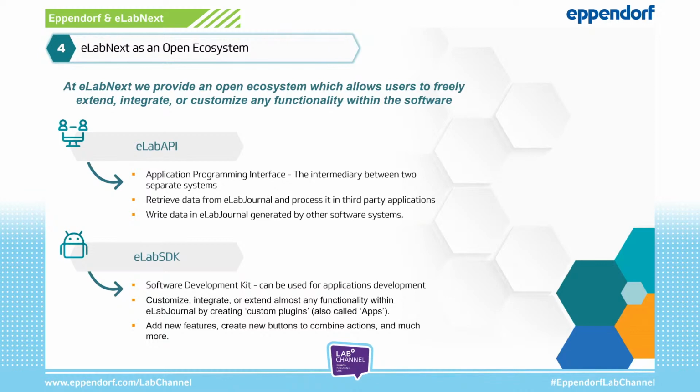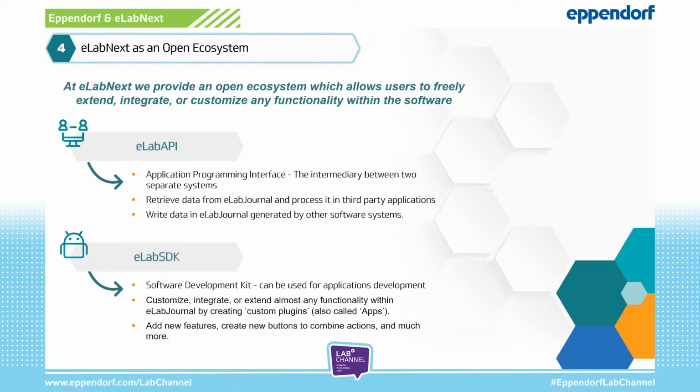In addition to this, we also offer our users the possibility to extend, integrate, or customize any of eLab Journal's features by using our software development kits. The SDKs, or software development kits, are tools and programs that developers can use to create applications. We call them add-ons. So your team can customize eLab Journal to meet the exact needs of your lab.